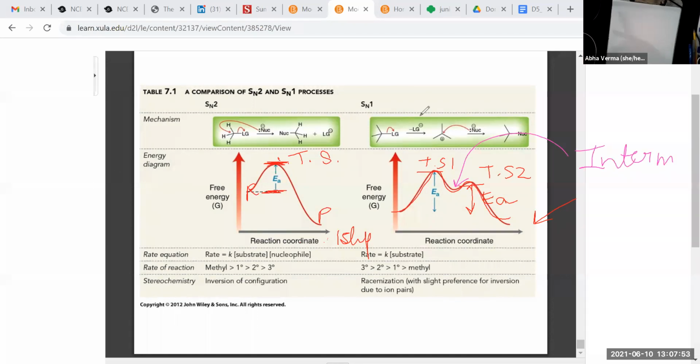This is not our product. This is a material in between our reactants and products. Just like your reactants and products are materials that can be isolated, in exactly the same way your intermediate can be separated or isolated.